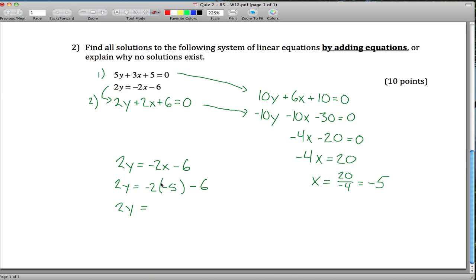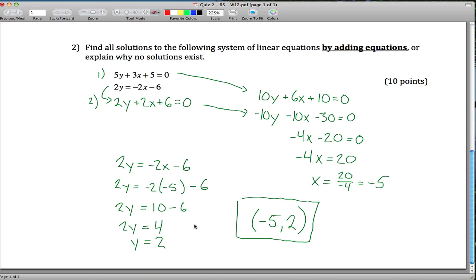Negative times a negative is a positive. 2 times 5 is 10 minus 6. So 2y equals 4. So y equals 2. So we get as our solution negative 5, positive 2. And that's the end of the quiz.